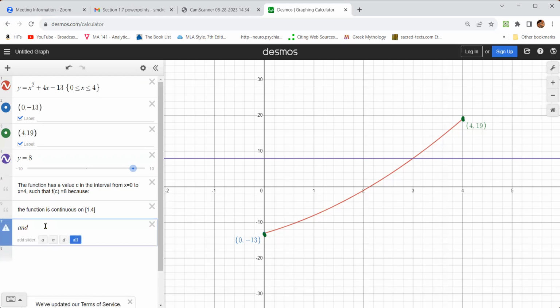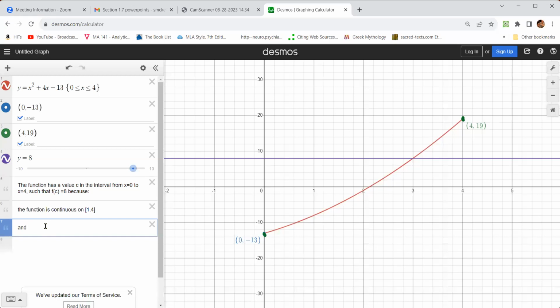And thus, by the intermediate value theorem, and now, f of c, which we don't know what that number is, we do know it's 3. c is 3 in this case, but we don't know that. We have to show it mathematically, right?